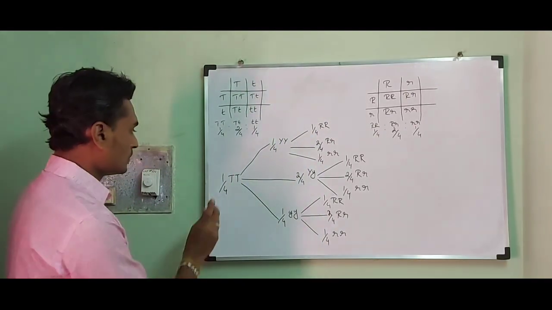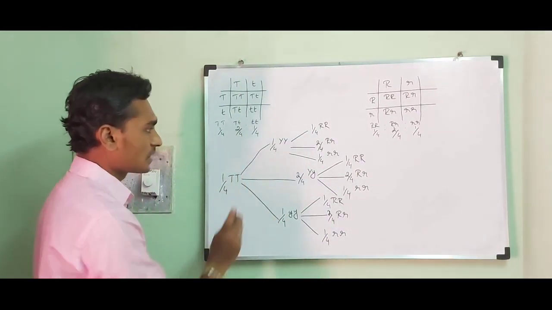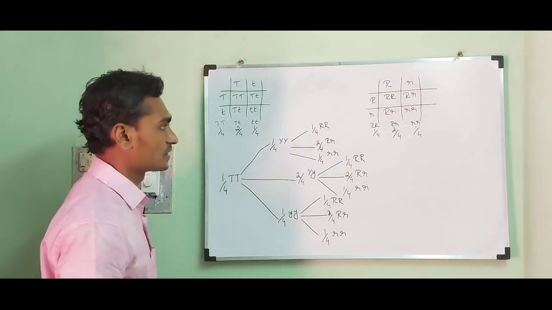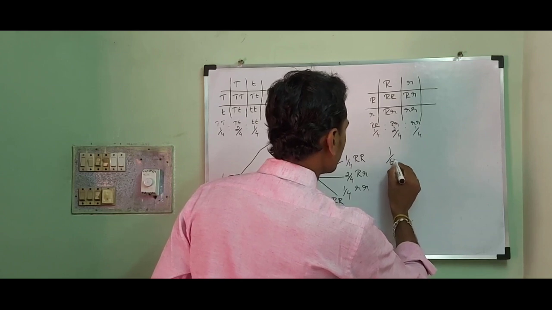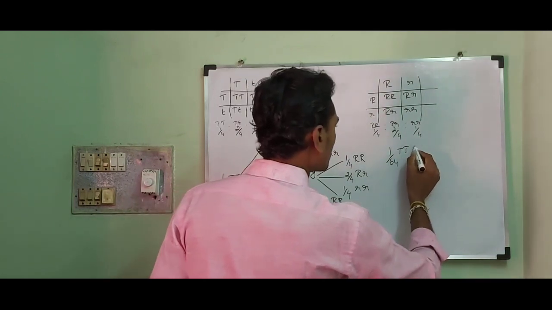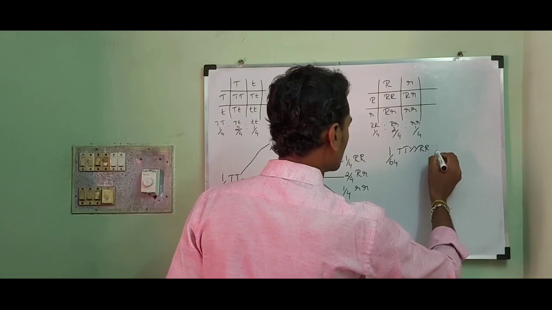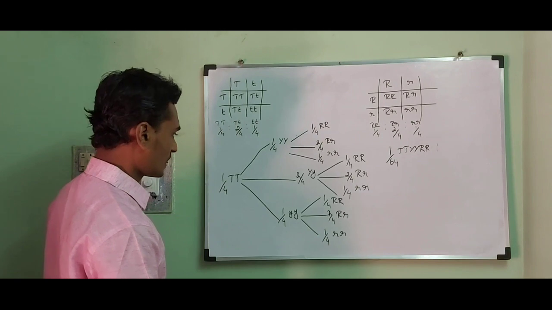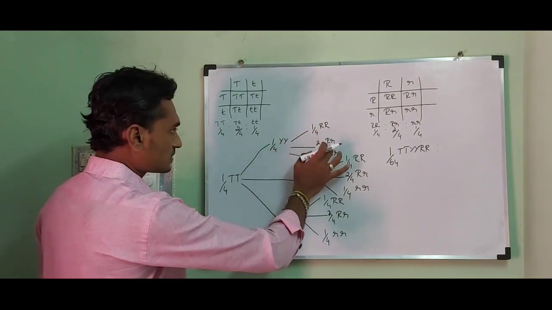That is 1 by 4 capital T multiplied with 1 by 4 capital Y multiplied with 1 by 4 capital R results in 1 by 64 capital T capital Y capital R. Then I am going to cross this value with this value, then this value.